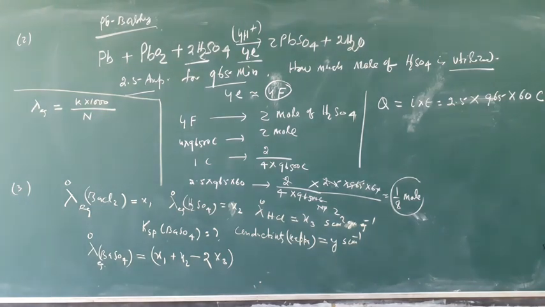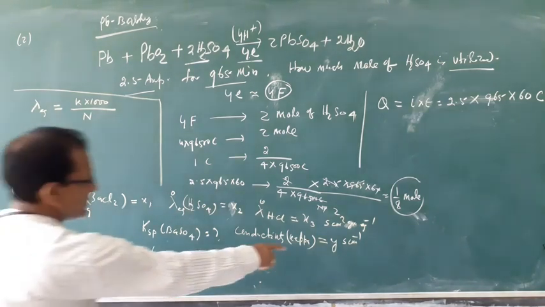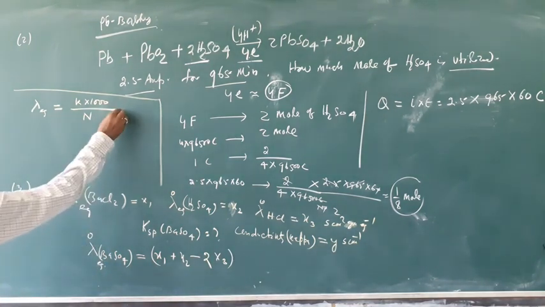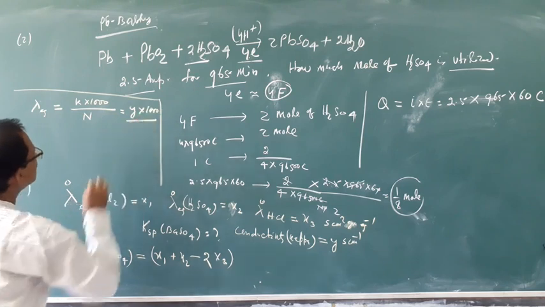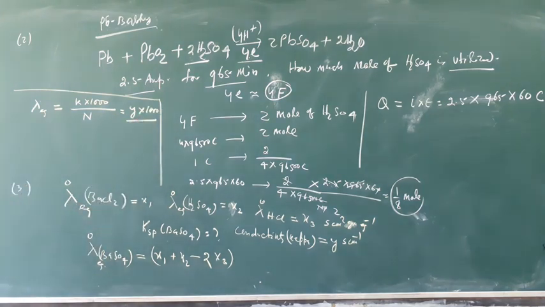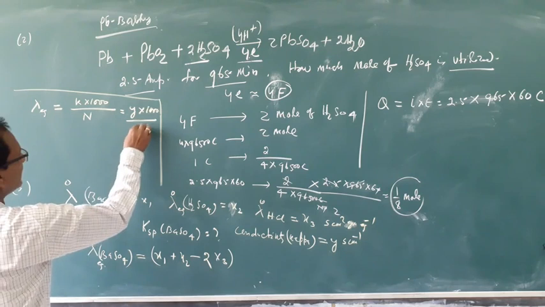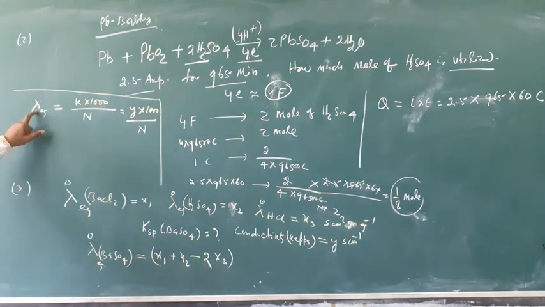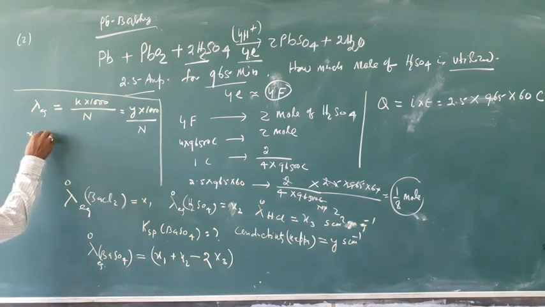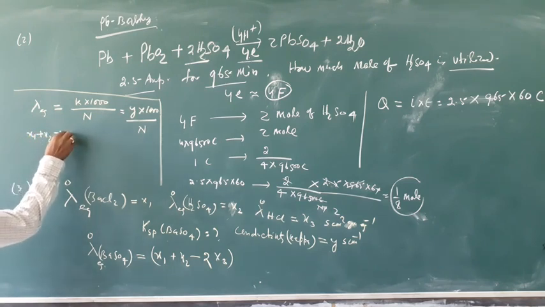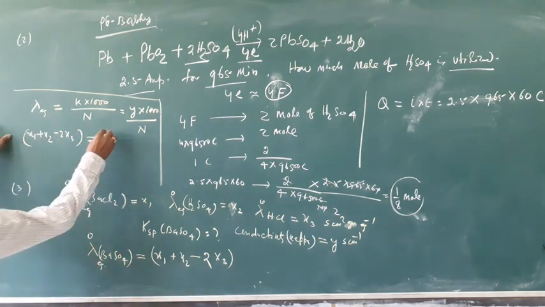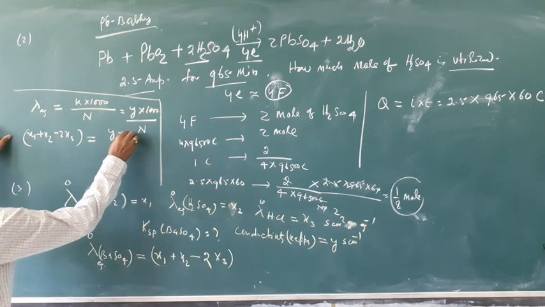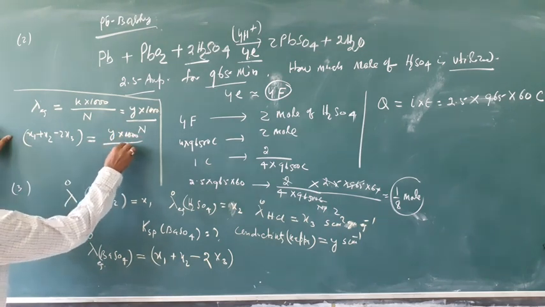This is the relation between lambda and kappa, and kappa is given as per the question. So y into 1000 upon n. N will be calculated. Lambda is already calculated: x1 plus x2 minus 2x3. This is the lambda value, equal to y into 1000 upon n.